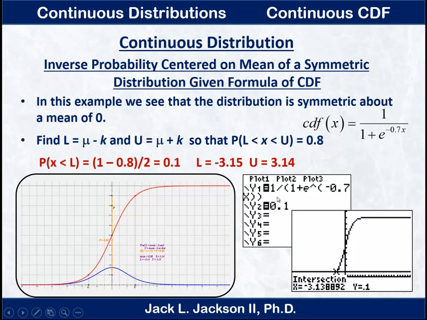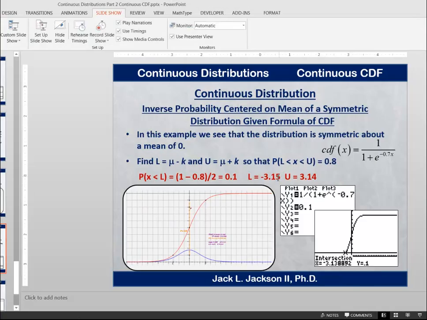So what do we do? We just put our formula in for y1. For y2 we put 0.1. We calculate that intersection, and we get negative 3.1, well, about 3.14 actually. Let's correct that. So about 3.14, that should say, and U is positive 3.14.